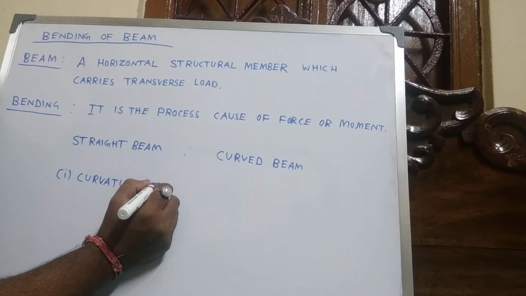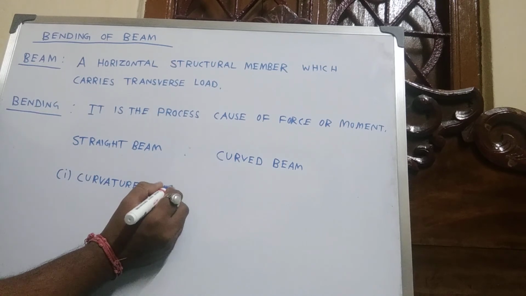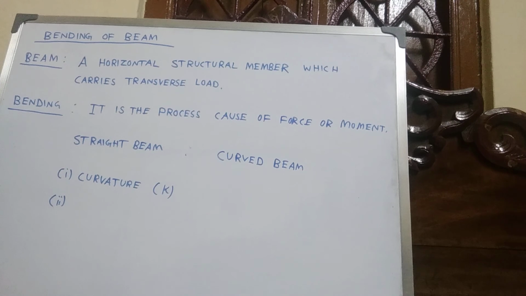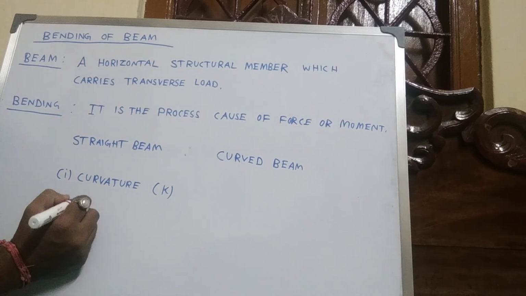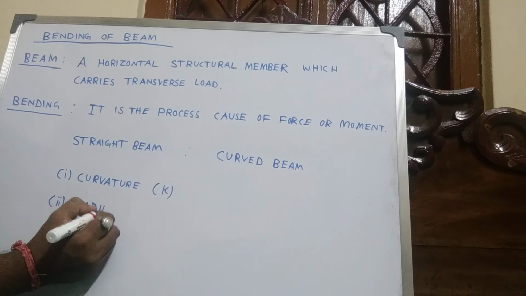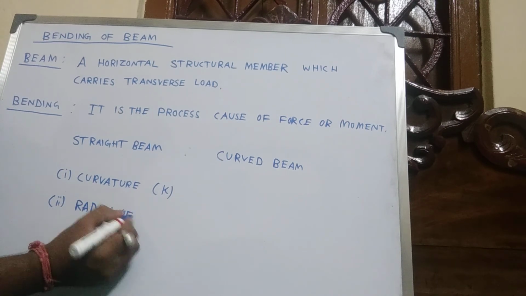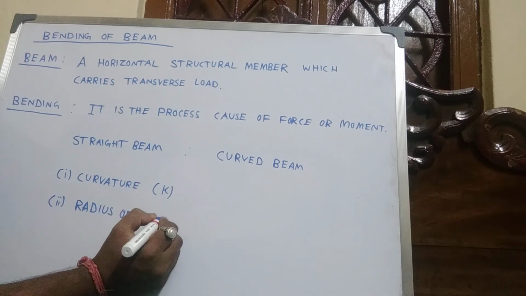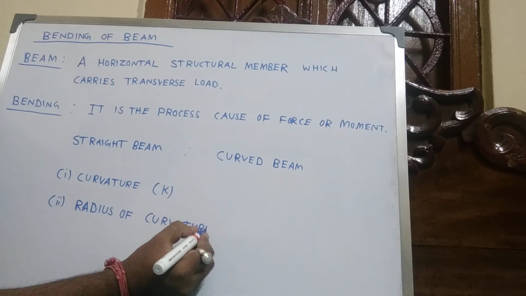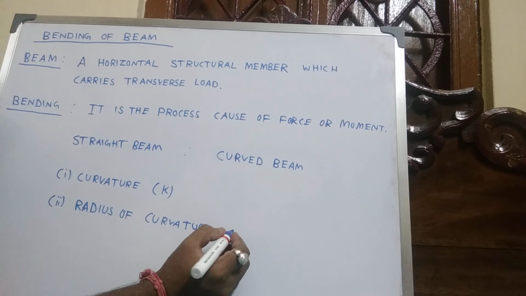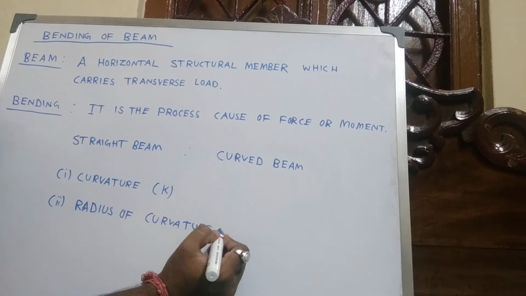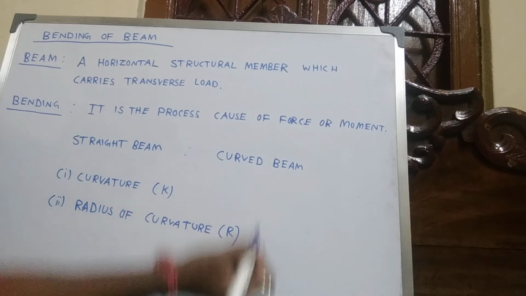Curvature is denoted by K. The second one is radius of curvature, which is denoted by R.